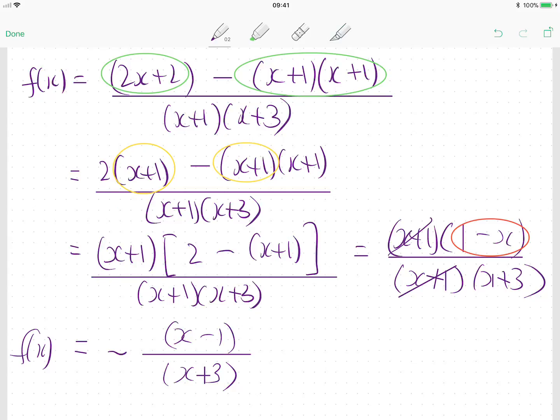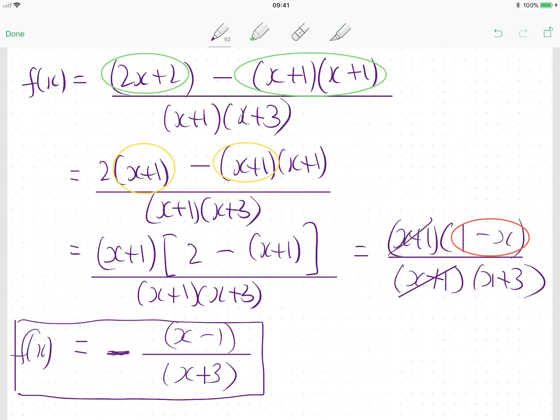So we end up with minus a fraction with x minus 1 on top, x minus 3 on the bottom. So there you go. So that is part A. A bit of work, but we got there. This is the function written as a single fraction.